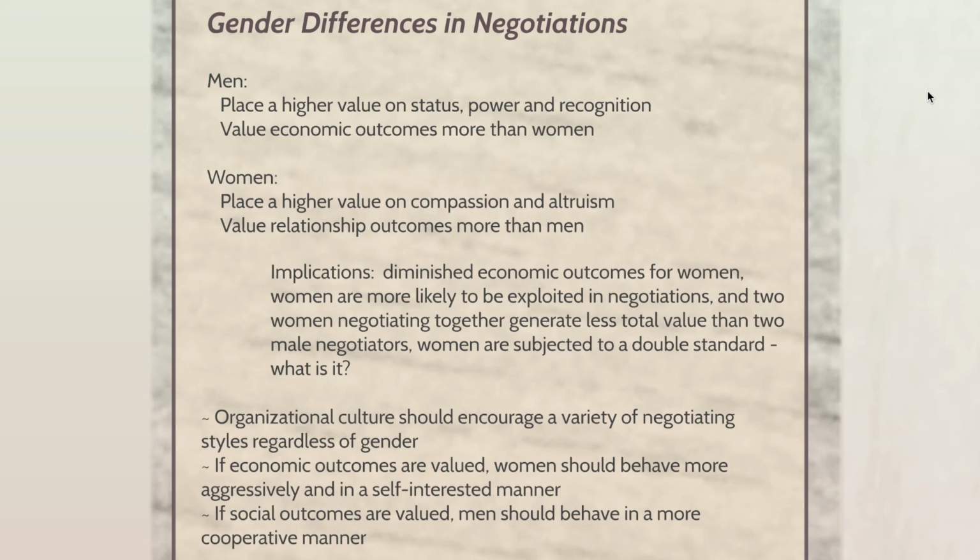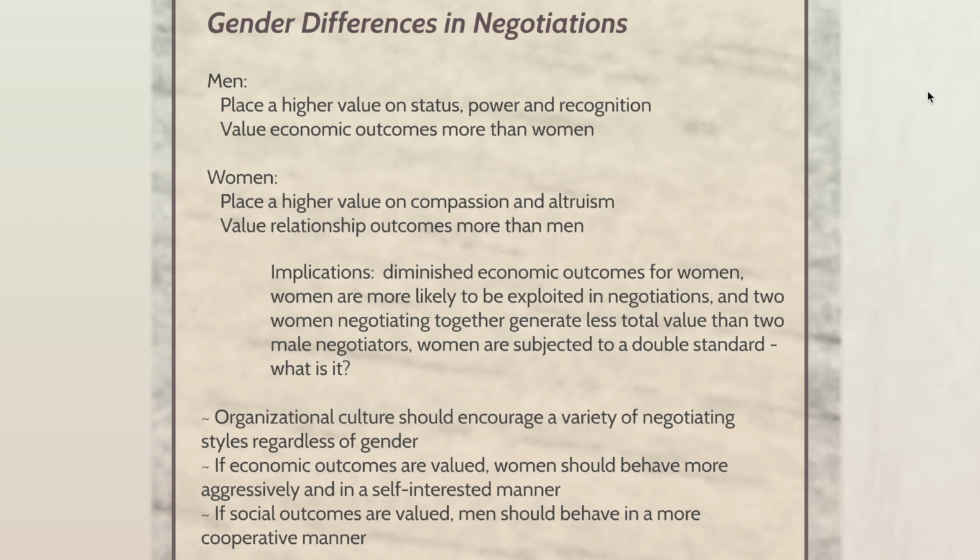All you have to do is prime the parties and tell them that women tend to negotiate better in this particular situation, and these diminished economic outcomes and exploitation, these problematic outcomes for women, tend to go away. So there are minor things that can be done to even the playing field between men and women when it comes to negotiations.